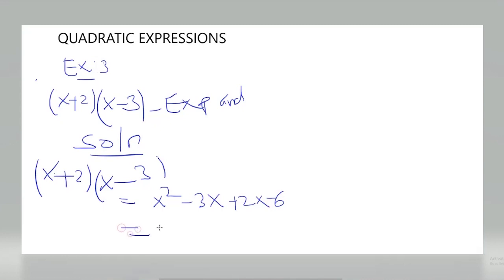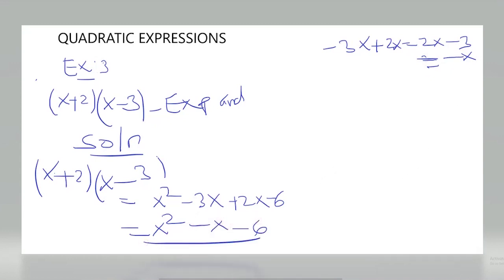Then this will be equal to x squared, negative 3x plus 2x, which is negative x. Now this is equal to x squared minus x minus 6, which is the answer.